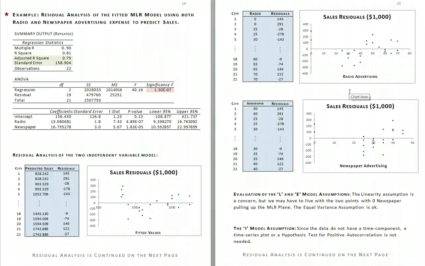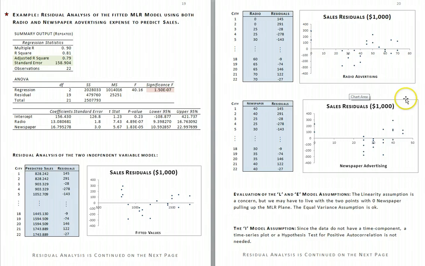Now let's take a look at the plot of the second independent variable, newspaper advertising expense, placed on the horizontal axis, and again the residual values placed on the vertical axis. These columns must also be copied and pasted on an Excel spreadsheet.